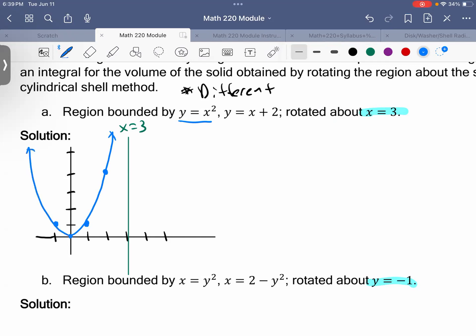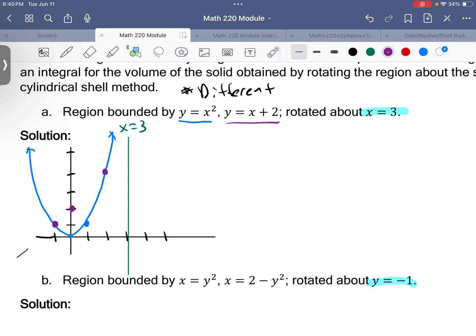And then let's sketch this line, x plus 2. I know my y-intercept is going to be 2. And I know at -1, I'll have 1, and at 2, I will have 4.